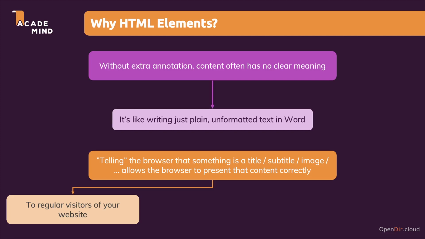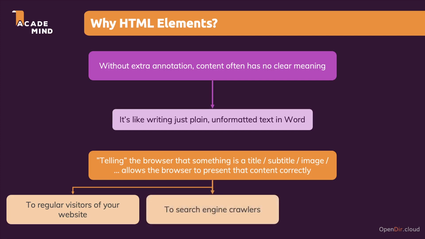It's, for example, also search engine crawlers. So the tools search engines use to look at all the websites in the World Wide Web and to then find out what that website is about so that they can present that website if users search for something. If you search for something in Google, then Google shows results, and these results are the websites it's crawled, which it then thinks best fit your search query.